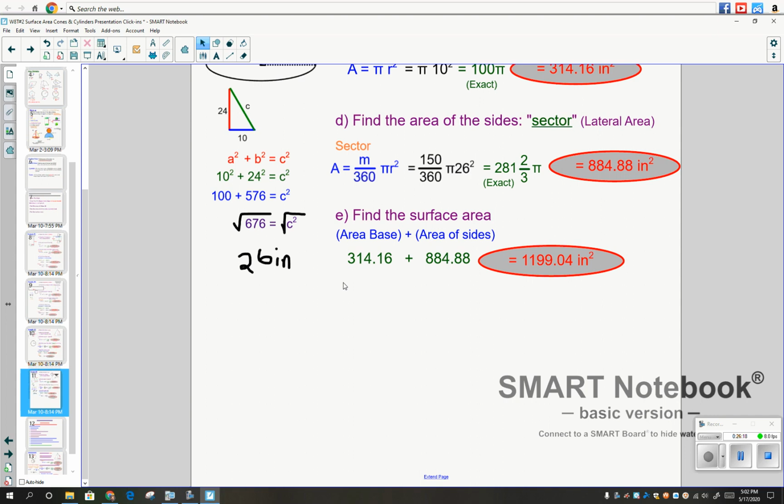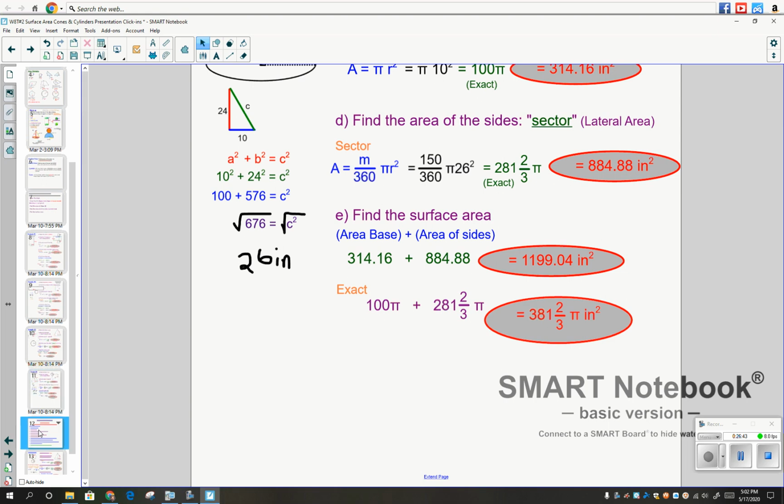And if you did want to find the exact, base was 100 pi. The exact sides was 281 and 2/3. I get 381 and 2/3 pi. And in this case, actually for cones, the exact and the decimal approximation are both accurate to the nearest hundredth. So that's our surface area for cones and cylinders.